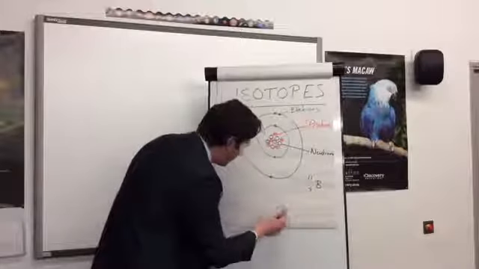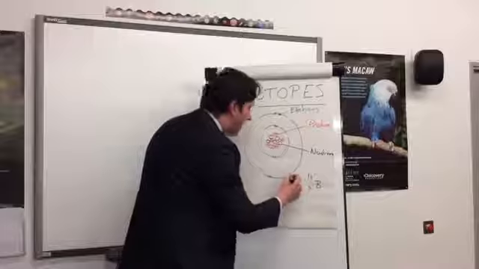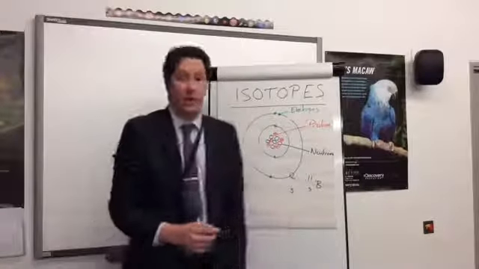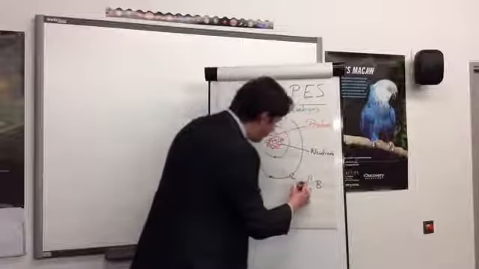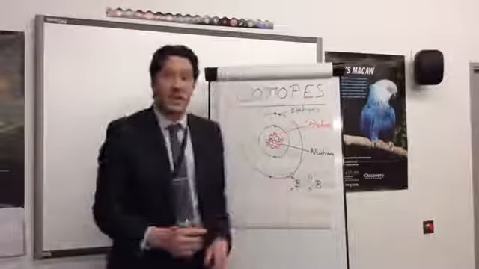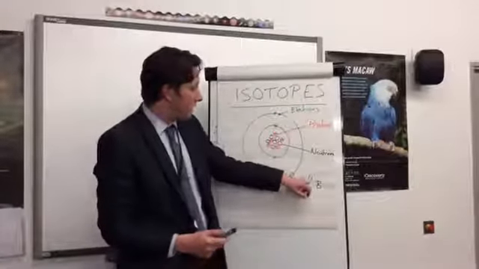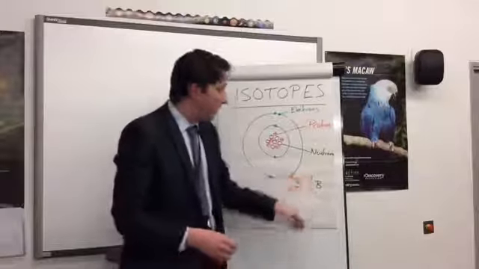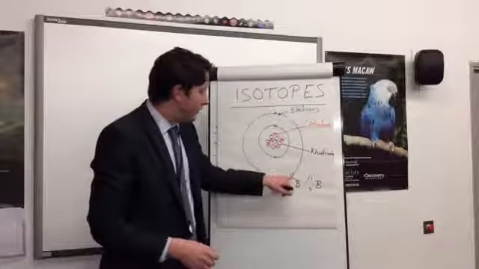If we still had 5 protons, we would still have an atomic number of 5, but if we made the mass number 12, it would have to have 7 neutrons. To find the number of neutrons, you do the mass number subtract the atomic number. So 11 take away 5 gives us 6, whereas 12 take away 5 gives us 7.